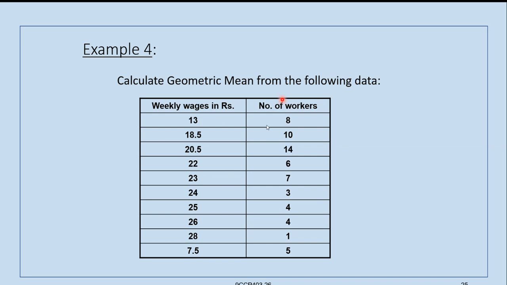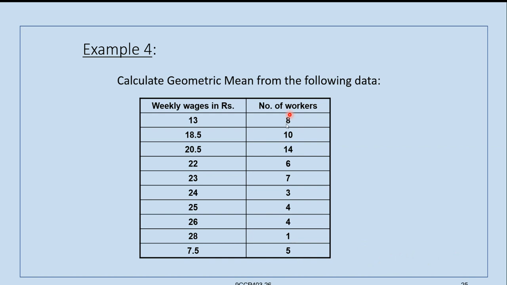Again, this is x, this is f. We have to calculate log x, then f log x. First you take the logarithm of this series, then you take f log x, and you add all the f log x to get sigma f log x.